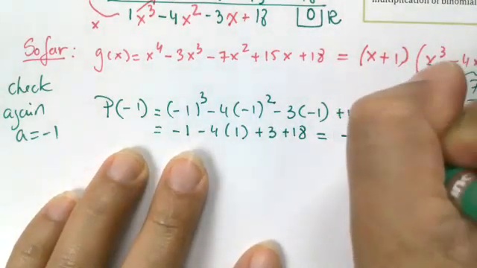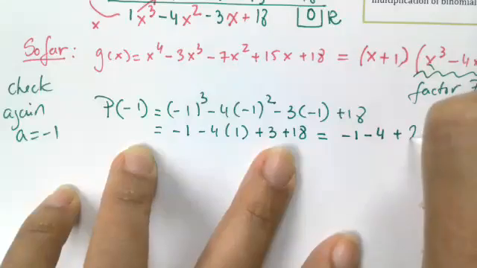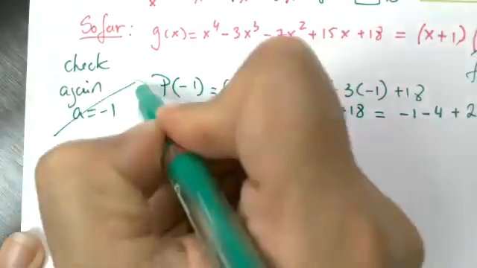We have -1 minus 4 plus 21 is not equal to 0. So it doesn't happen again.